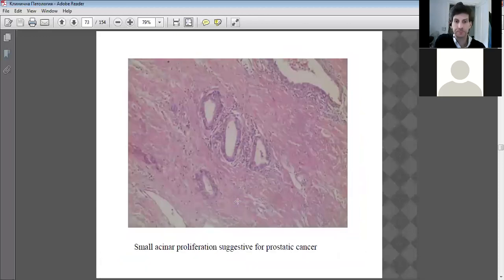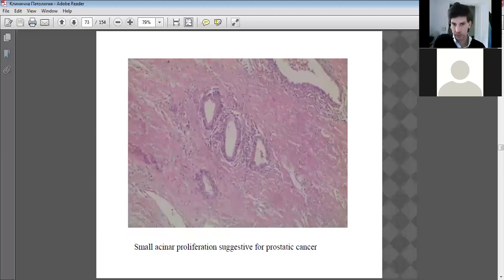The gland tends to become, with time, with progression, harder and rougher. When the doctor feels it through the rectum, he can feel it's rough and hard. And the hardening of the tissue tends to be as a consequence of proliferation.